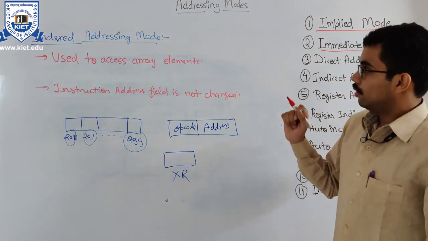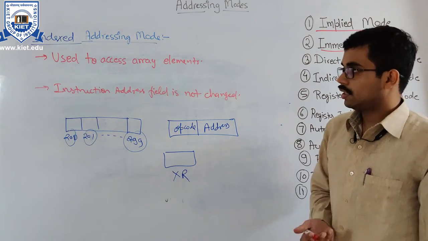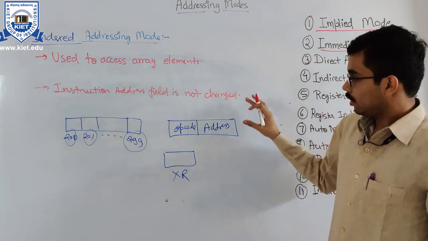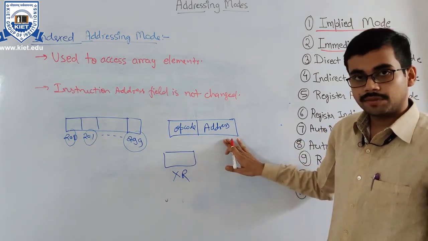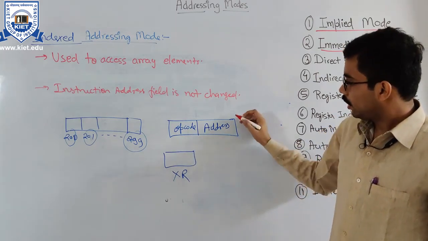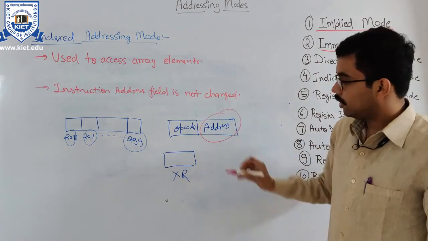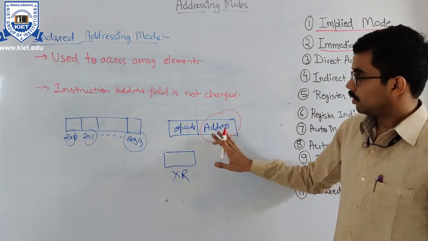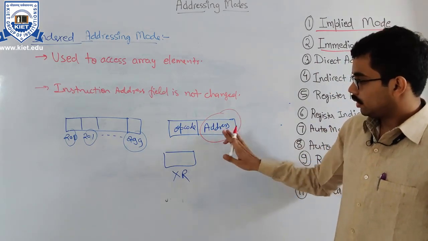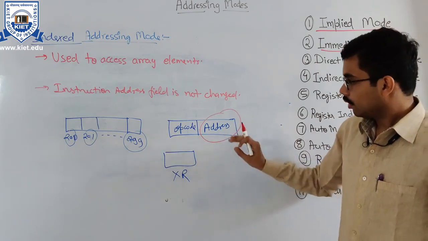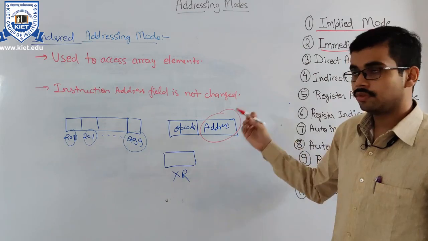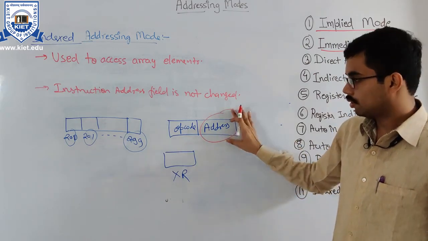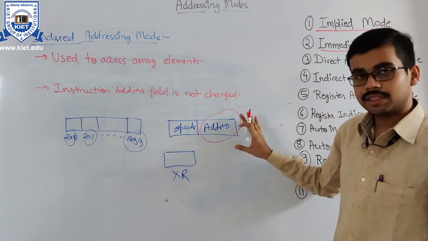If we use indexed addressing mode, we basically stabilize this instruction format, and we don't have to go through the address field every time. We make it static, meaning we give a constant value and do not touch it again.